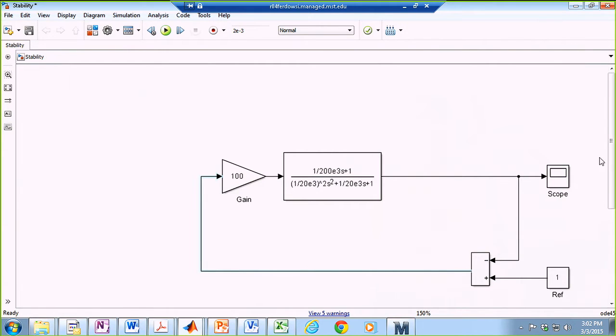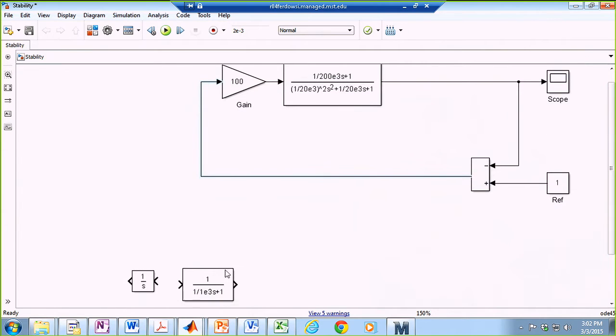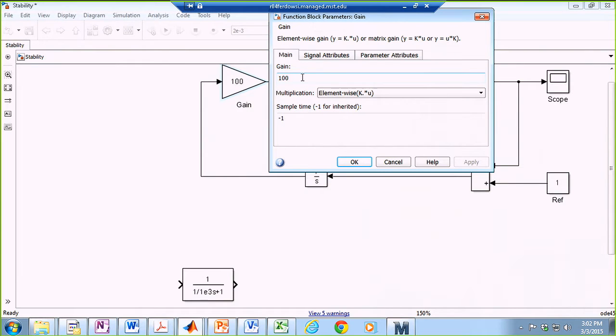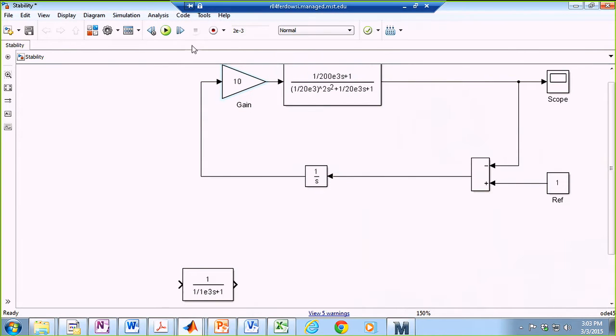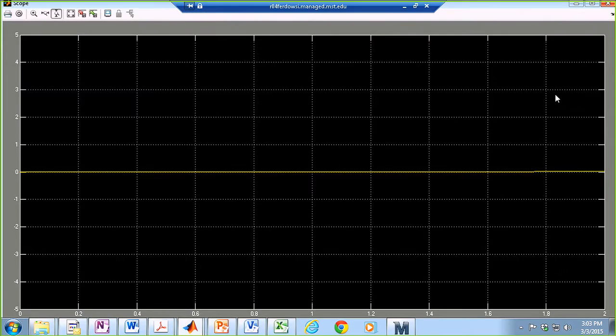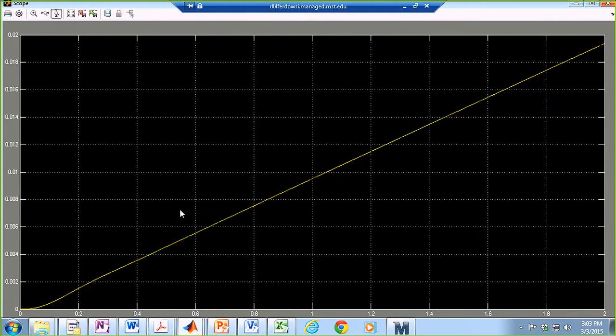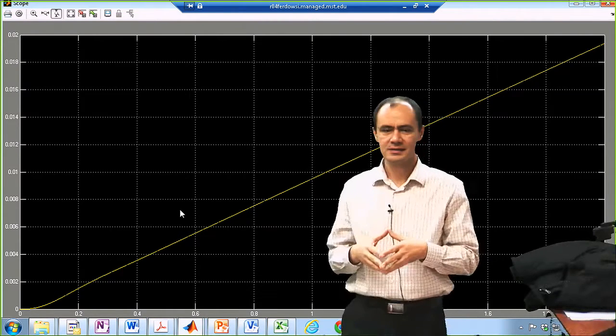So let me add an integration block to this system, and go back to a gain of 10, the original number. All right. You run the system. The first thing that you observe is I have not even reached the steady state.